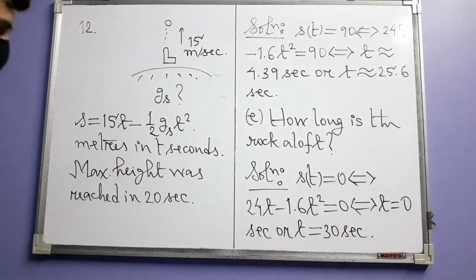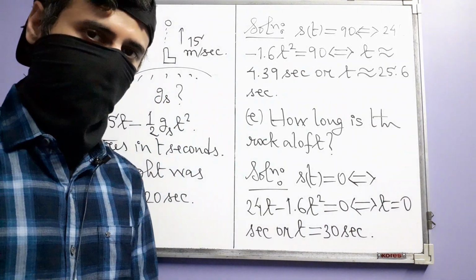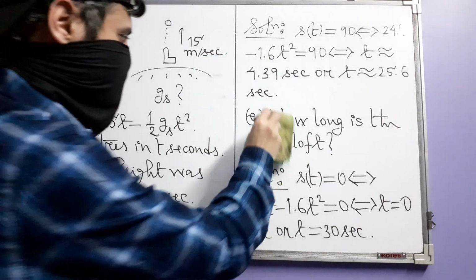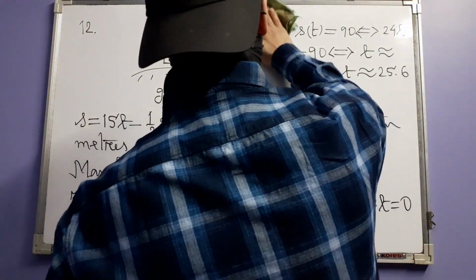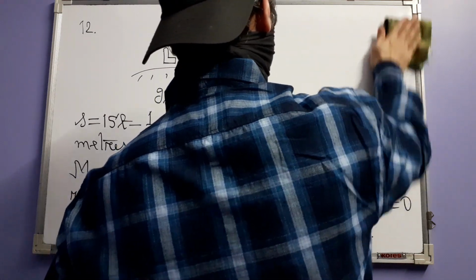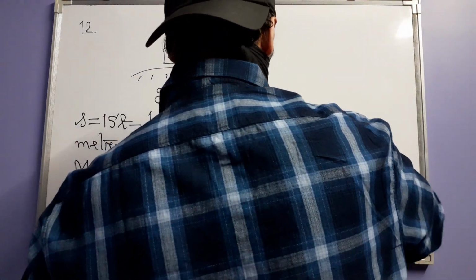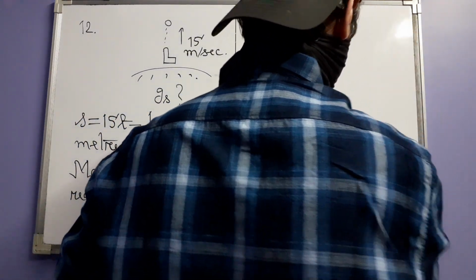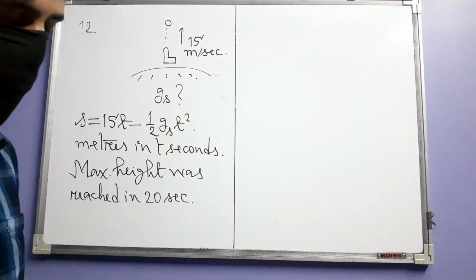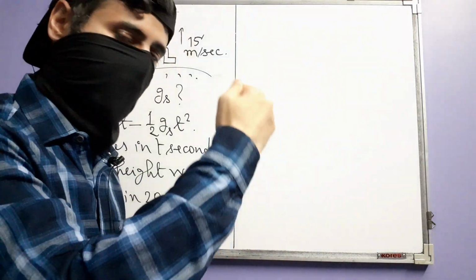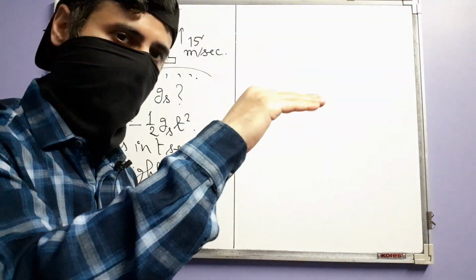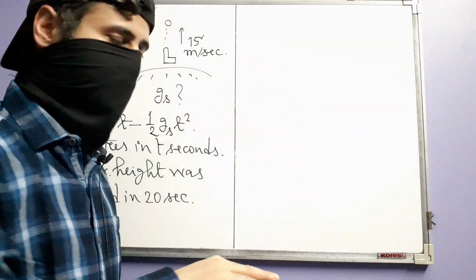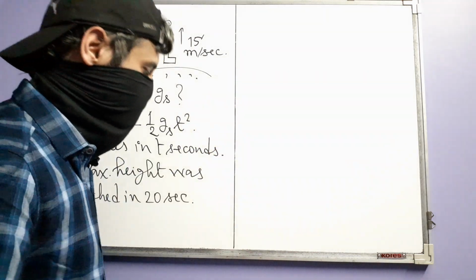What is the value of this acceleration due to gravity on that planet? Recall that at the instant the maximum height is reached, at that instant velocity is 0. That is the only point during this type of journey that the velocity is 0.